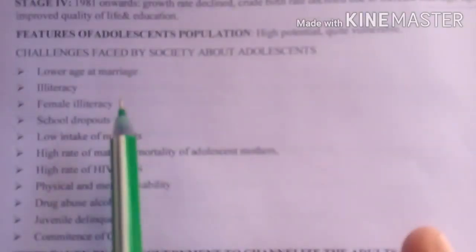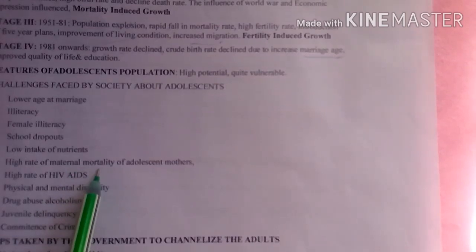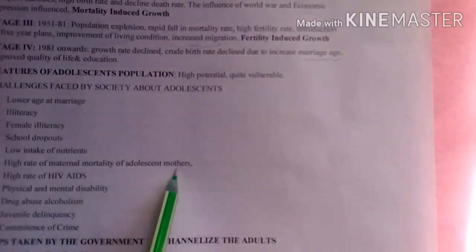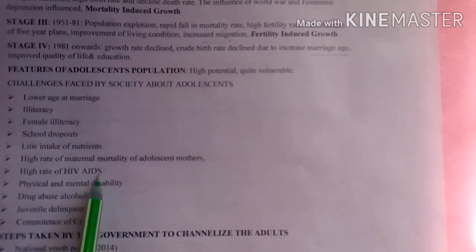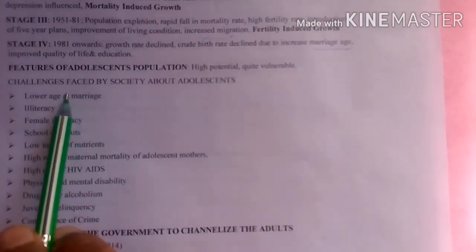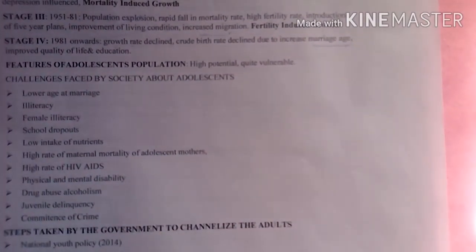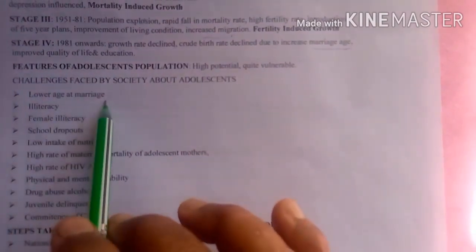The challenges faced by society about adolescents are lower age at marriage, illiteracy, female illiteracy, school dropouts, low intake of nutrients, high rate of mortality of adolescent mothers, high rate of HIV/AIDS, physical and mental disabilities, etc. The lower age of marriage was the challenge faced by society about adolescents in ancient times, or the age before 1981.